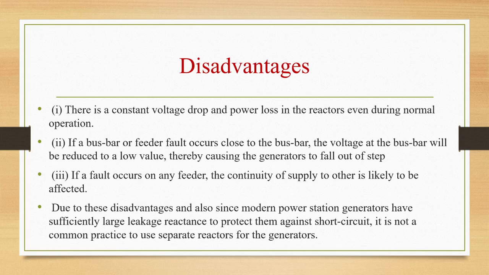So what are the disadvantages? First one is there will be a constant voltage drop and power loss in the reactors even during normal operation. And second one is if a bus bar or feeder fault occurs close to the bus bar, voltage at the bus bar will be reduced to a low value and hence generators will fall out of step.